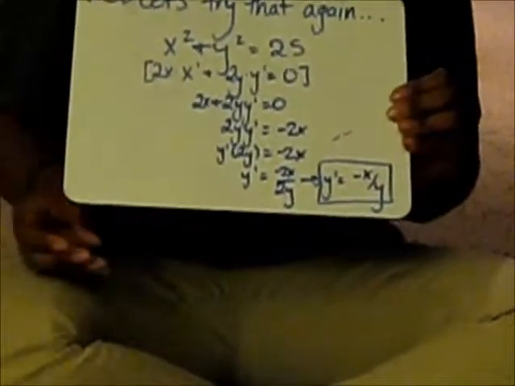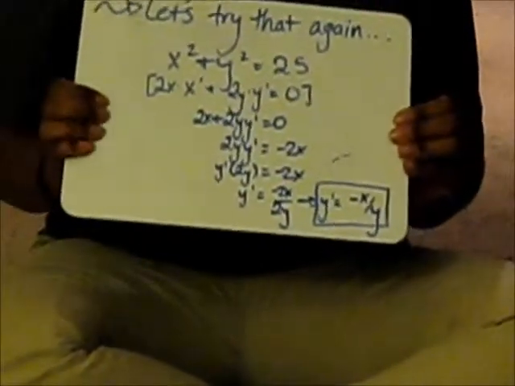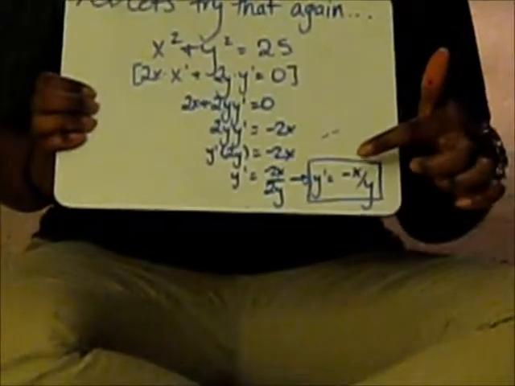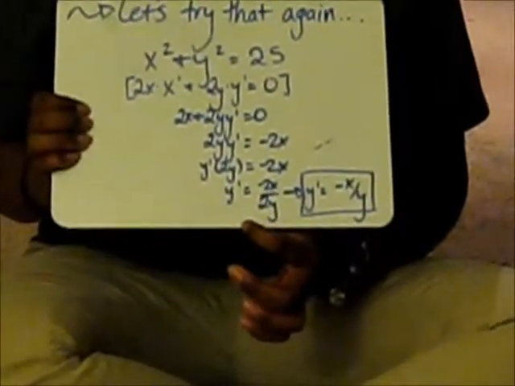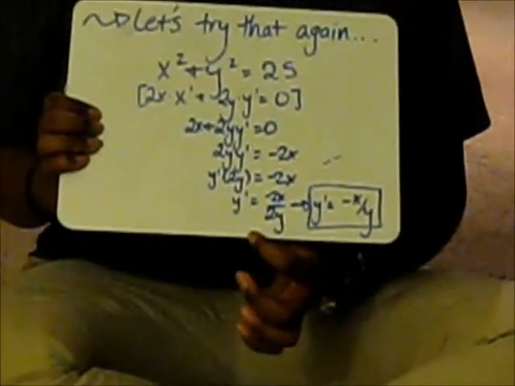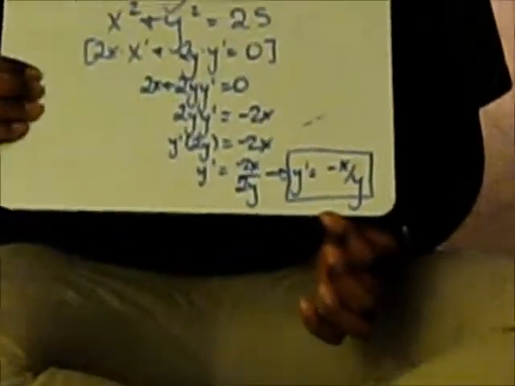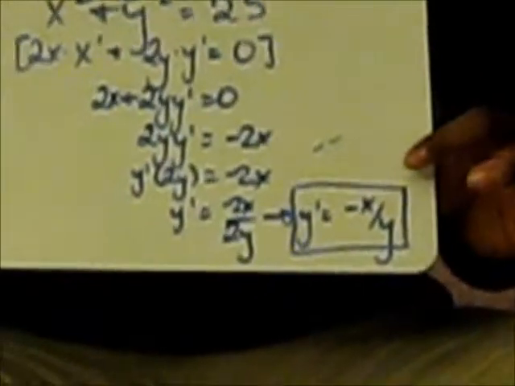Now we're at the very, very end. And now that you've divided both sides by your 2y, you have y prime all by itself. And the very last thing you want to do is check and see if you can simplify. In this case, you can. You have a negative 2 over a 2. So you end up with negative x on top over a y at the bottom.